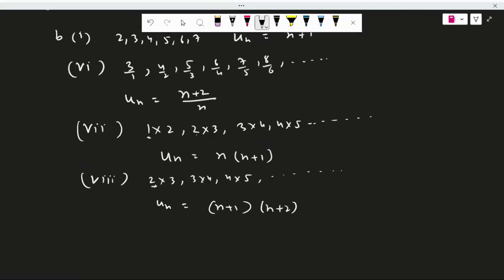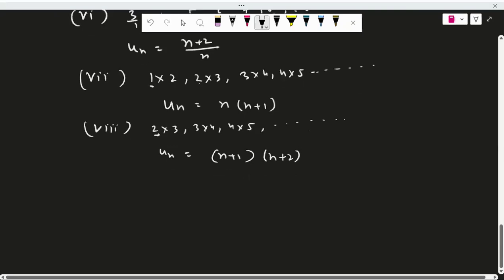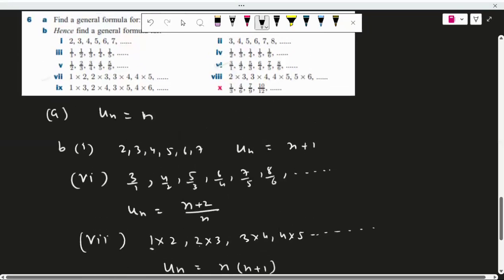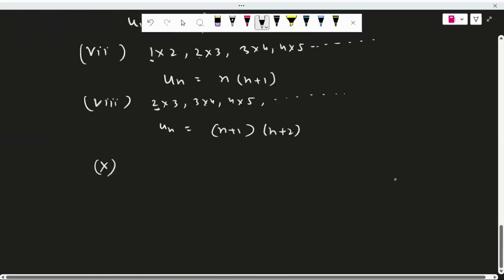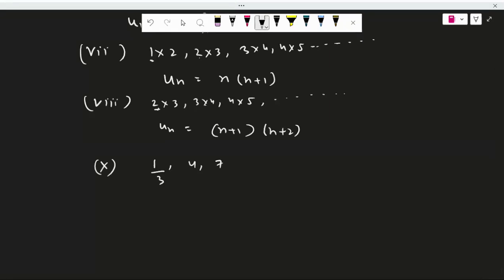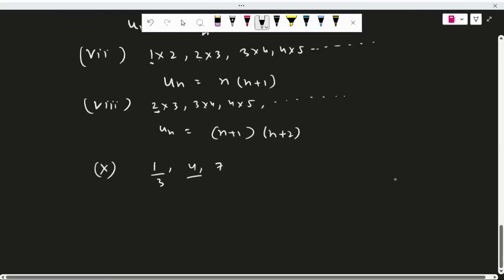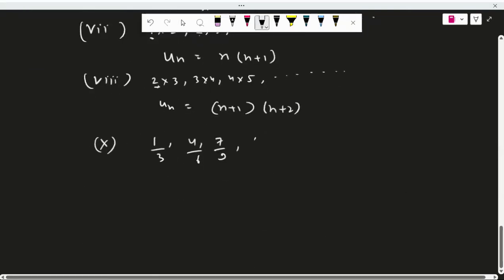Now, we will do the 10th part as well. The 10th part is 1/3, 4/6, 7/9, 10/12, and so on.